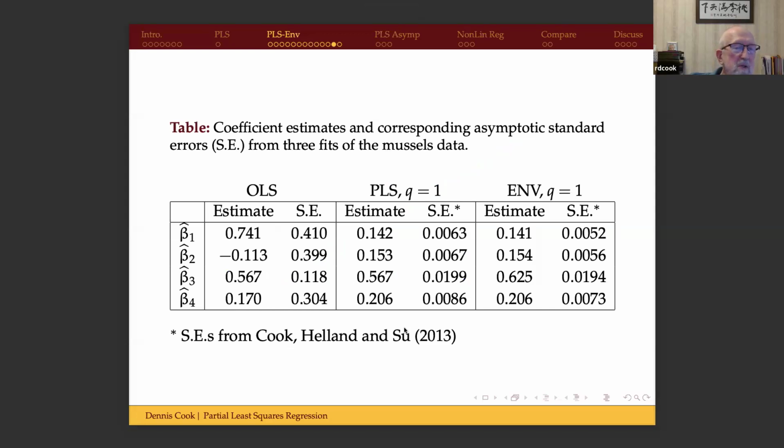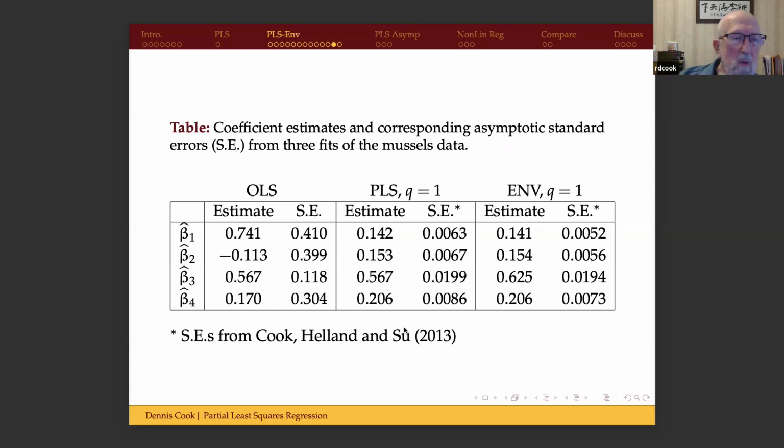look at the coefficients and their standard errors. The first block, OLS, are the coefficients and the usual standard errors. Second block, PLS, estimates and standard errors. Third block, envelope, estimates and standard errors.